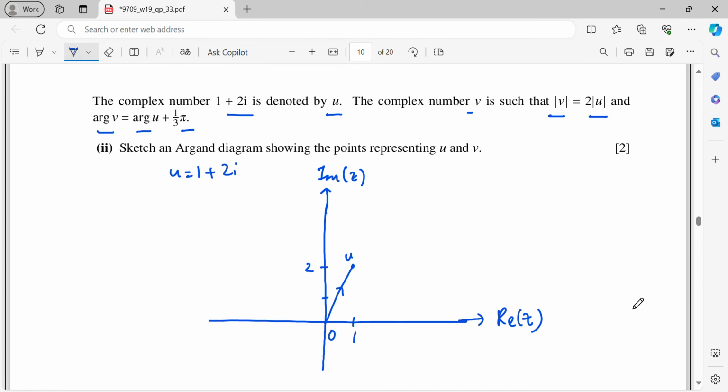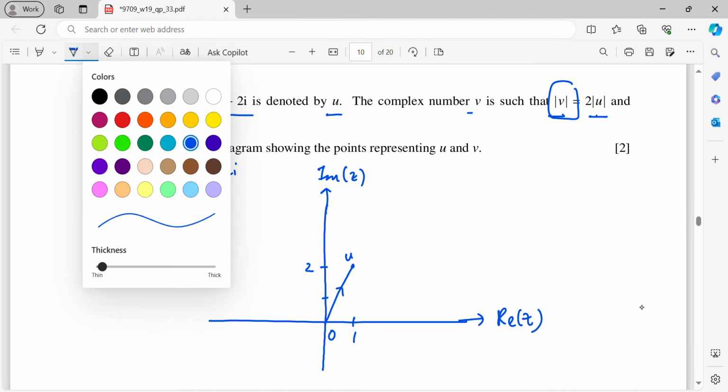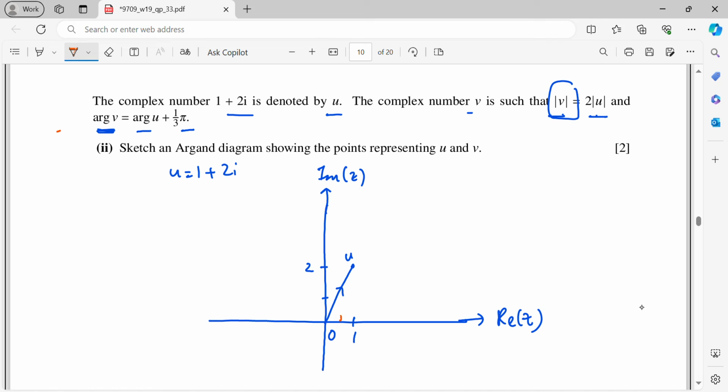Now we need to get the V. The magnitude of V is double that of U. And the argument means the angle from the positive x-axis, right here, is argument U plus 1 over 3 pi. So this is the argument U.